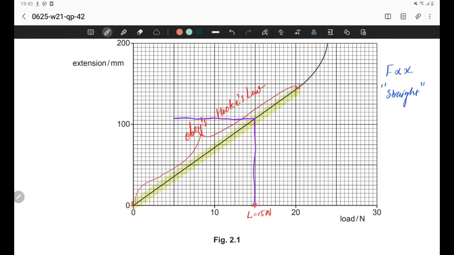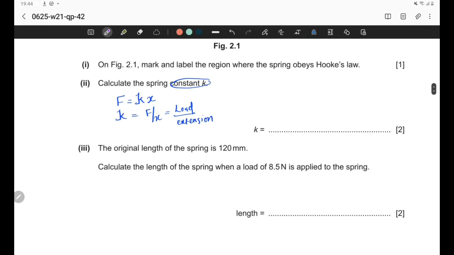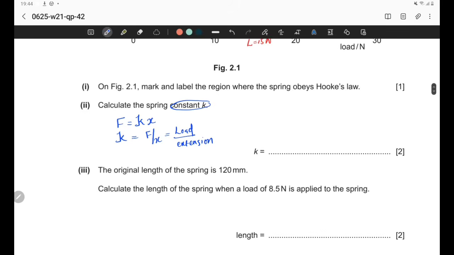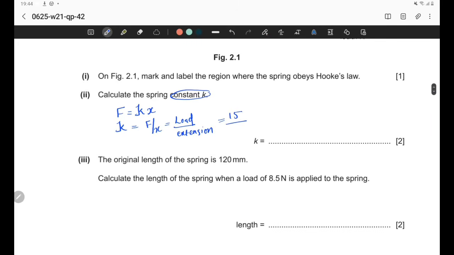So we will get almost this point, and the value which is on y-axis is extension x, and here the extension value is 107.5. So when the load value we already have, when load is 15 Newton, the extension we already got from the graph, that is 100.5.